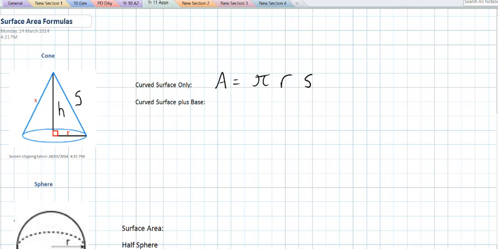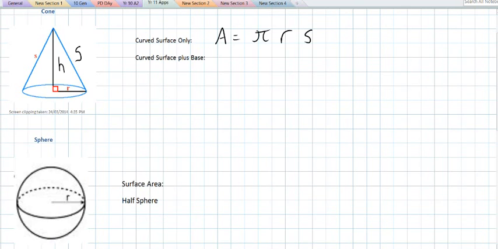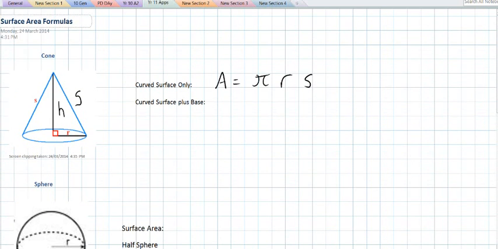That is pi, which we all know. r is the radius of the circle, and s is the length of the sloped side. And make sure both r and s are in the same units, either both in centimetres, millimetres or metres.